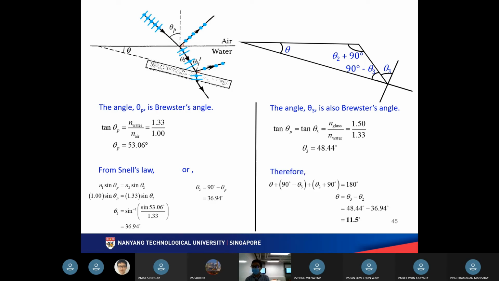Once theta 2 and theta 3 are given, I can calculate theta, because theta plus theta 2 plus 90, plus 90 minus theta 3, equals 180 degrees. The 180 cancels out, so theta equals theta 3 minus theta 2, which is 11.5 degrees. Any question?